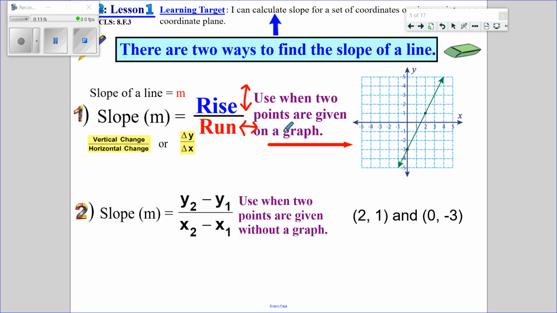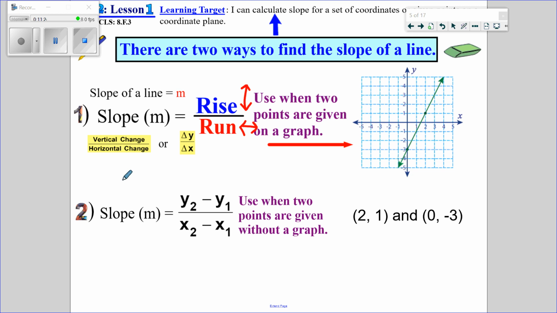You use rise over run when 2 points are given on a graph. And it's known as the vertical change over the horizontal change, or the delta y over the delta x, which means just the change in y over the change in x. This is what we're basically going to focus on in this lesson.